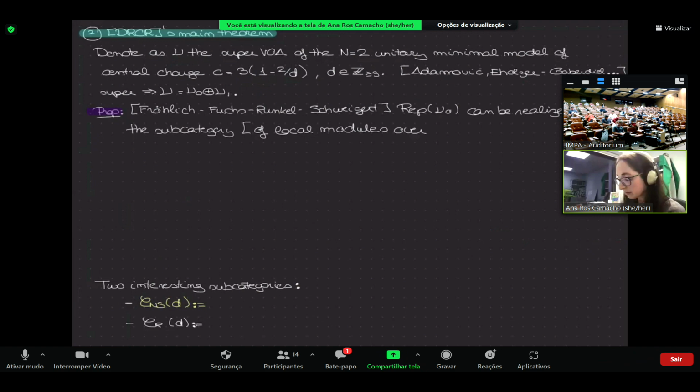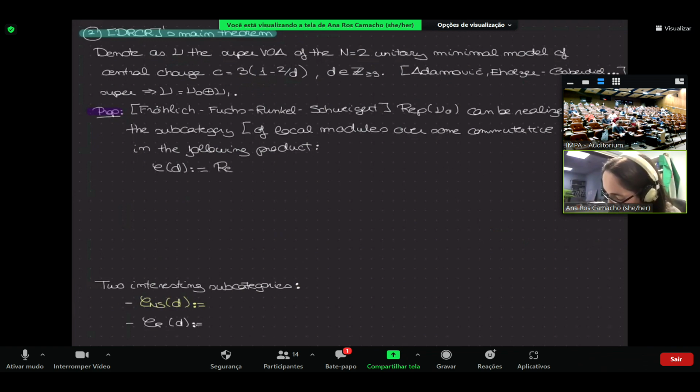So I'm going to take the subcategory of local modules over some commutative algebra in the following product of categories. This whole product, I'm going to give it the name CFD.